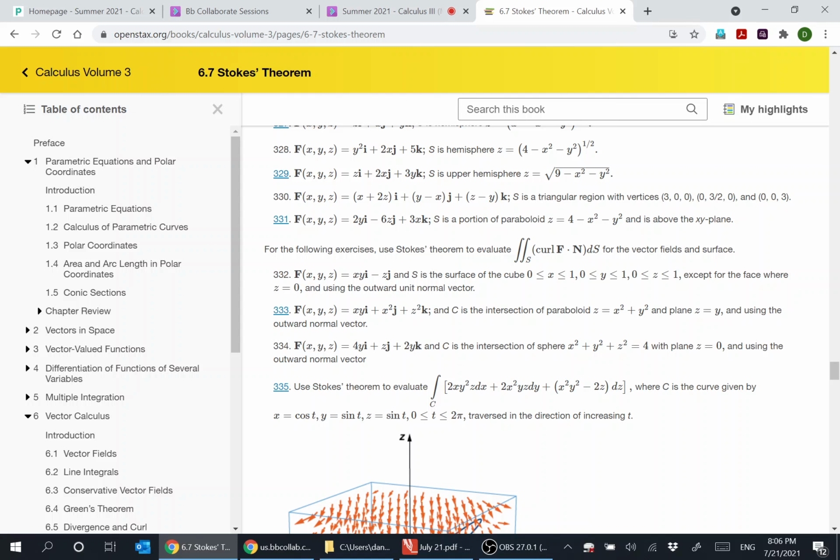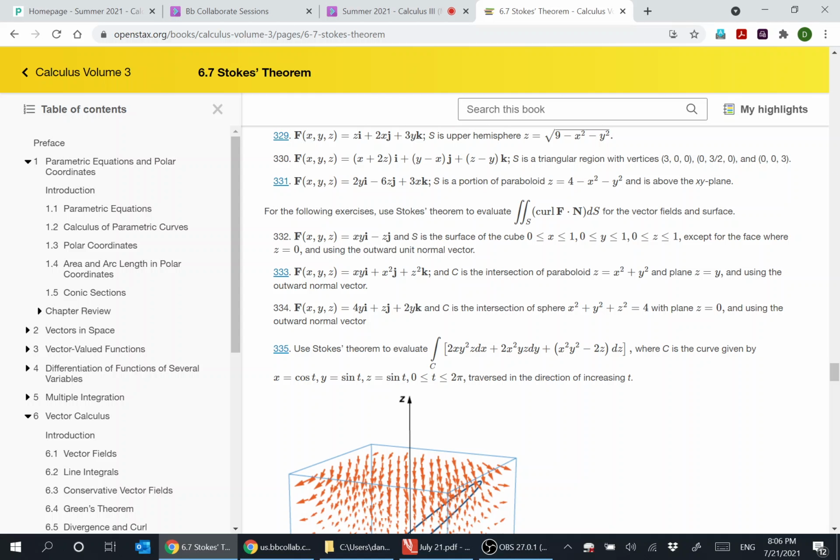335. Use Stokes' theorem to evaluate that where C is the curve given by cosine t for x, sine t for y, and z equal to sine t, traversed in the direction of increasing t. What would the surface be that satisfies that?